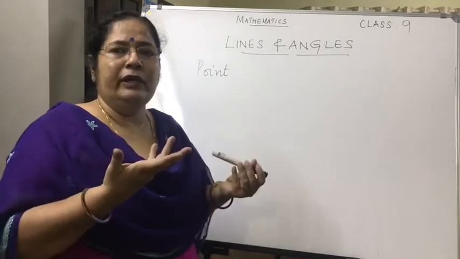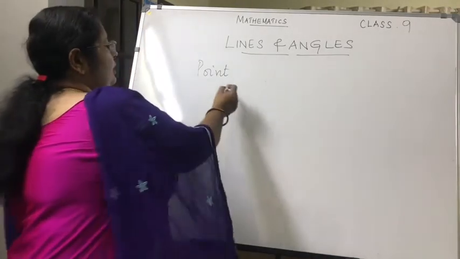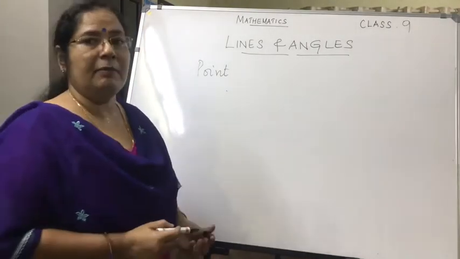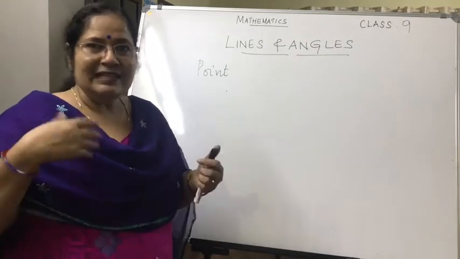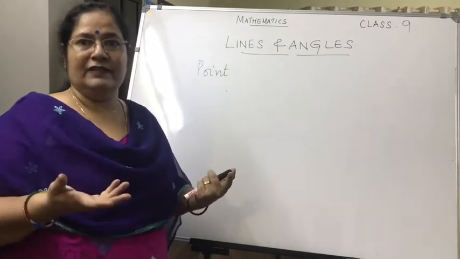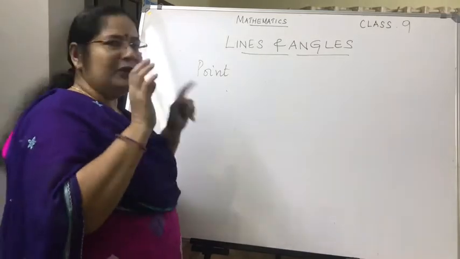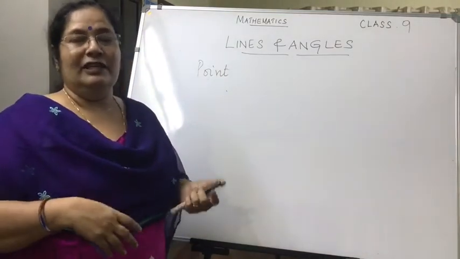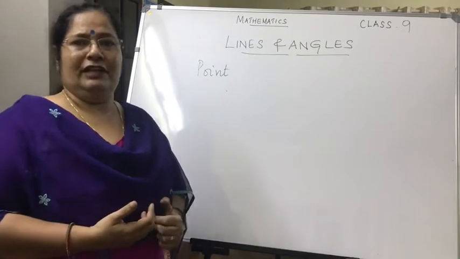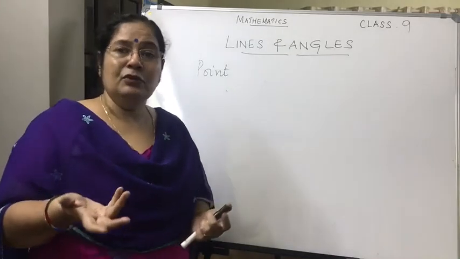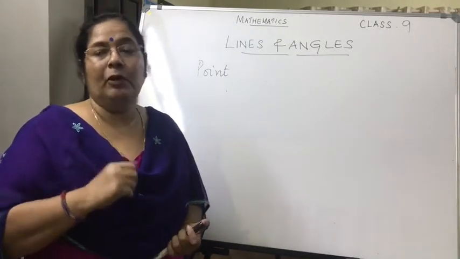When we hear point, what actually comes to your mind? You just put a dot somewhere and say, okay, this is a point. That comes out of us automatically. But can you give a definition for that point? There's no clear definition for a point.